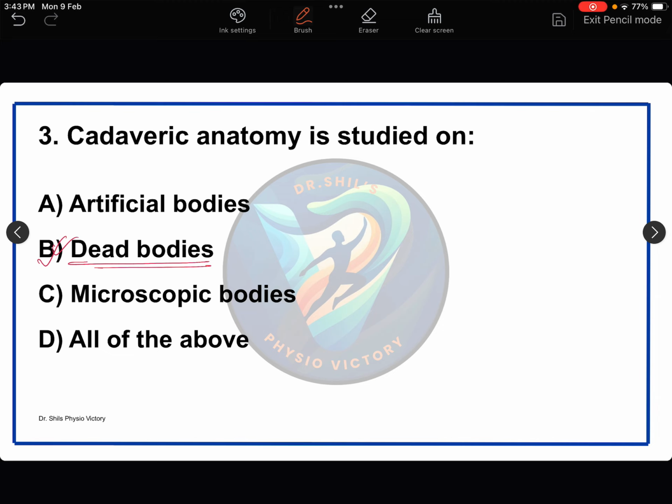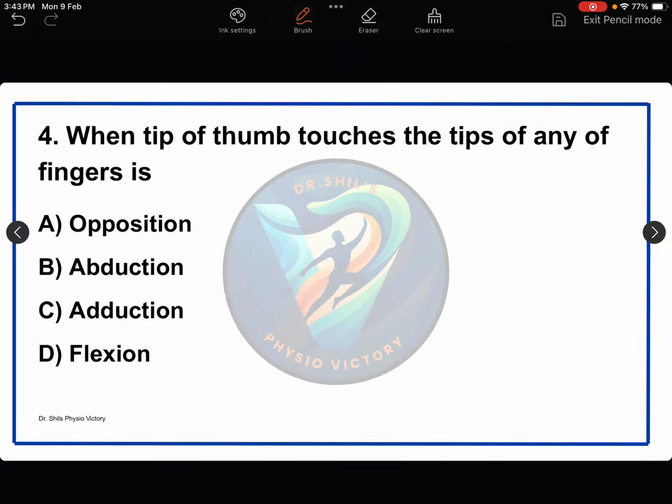It's helpful in understanding 3D relations, surgical anatomies and clinical correlations. Microscopic bodies are used in histology.